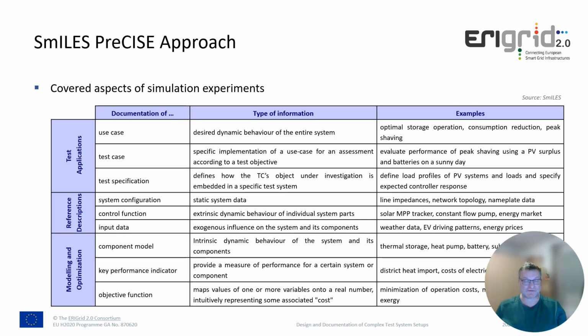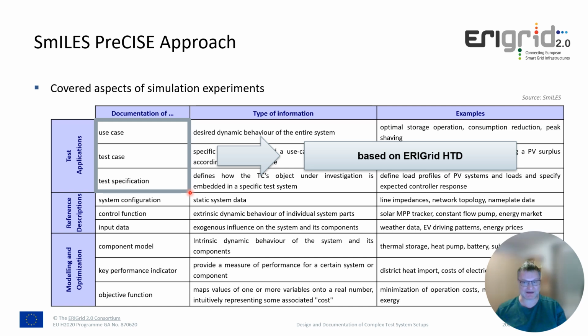Here you can also see, very briefly, the different covered aspects of simulation experiments: the test application, where we have the use cases, test cases, and test specification. Then the reference descriptions, system configurations, which control functions are used, input data, and then modeling and optimization: which component models are being used, the related key performance indicators linked to such a simulation study, and the different objective functions.